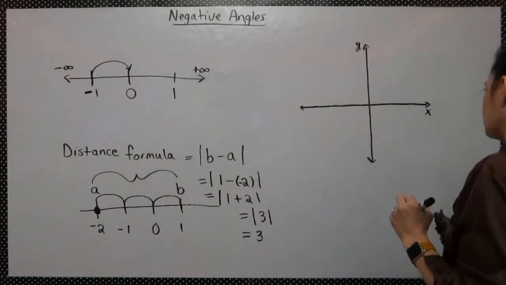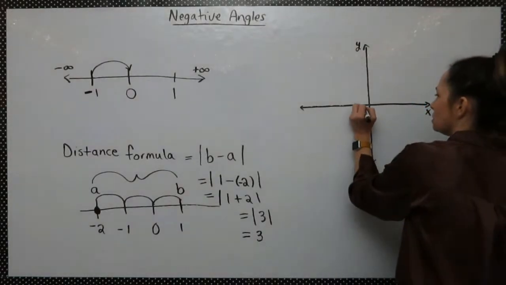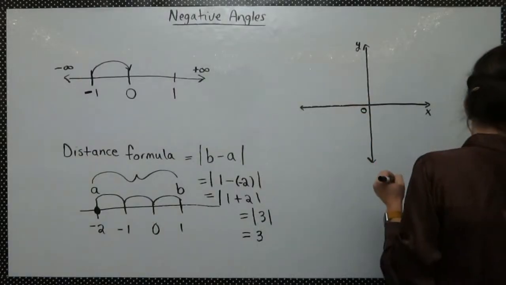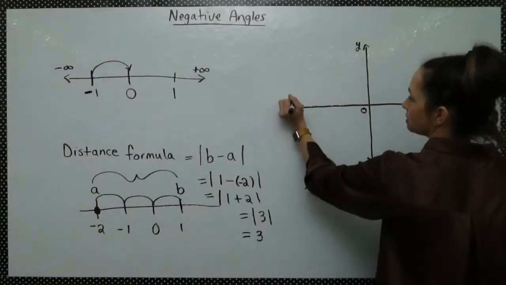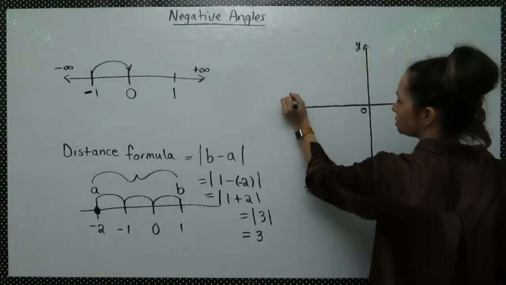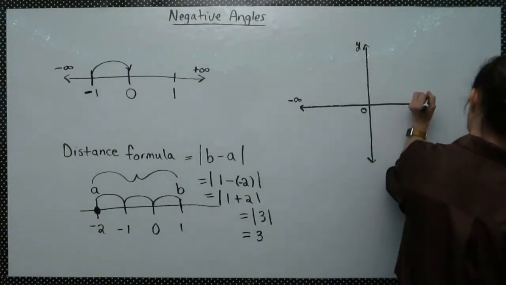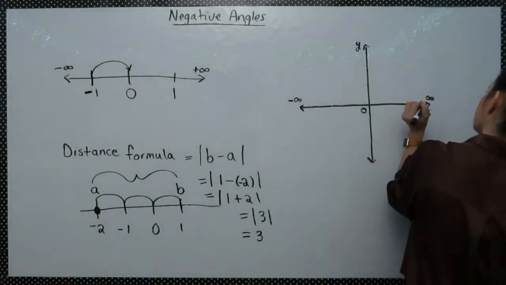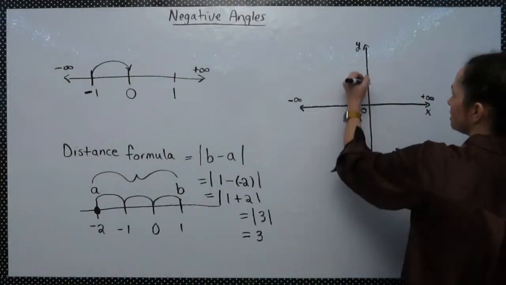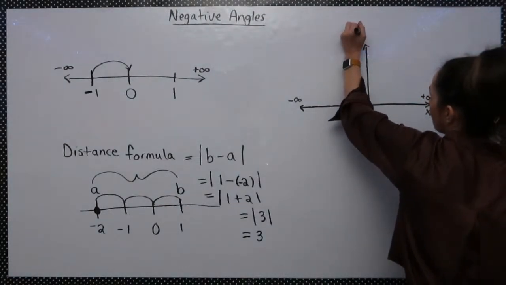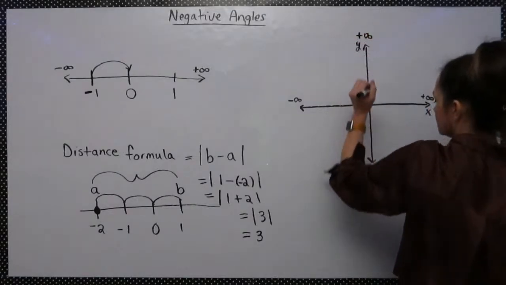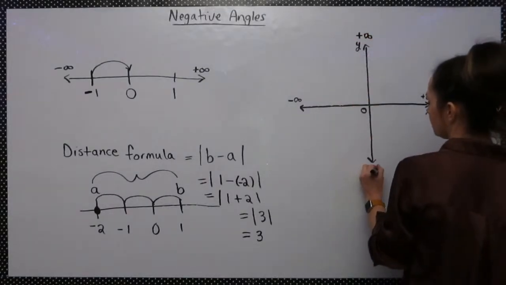The origin is where they meet. To the left of the origin is negative values, and to the right of the origin would be positive, and vice versa.